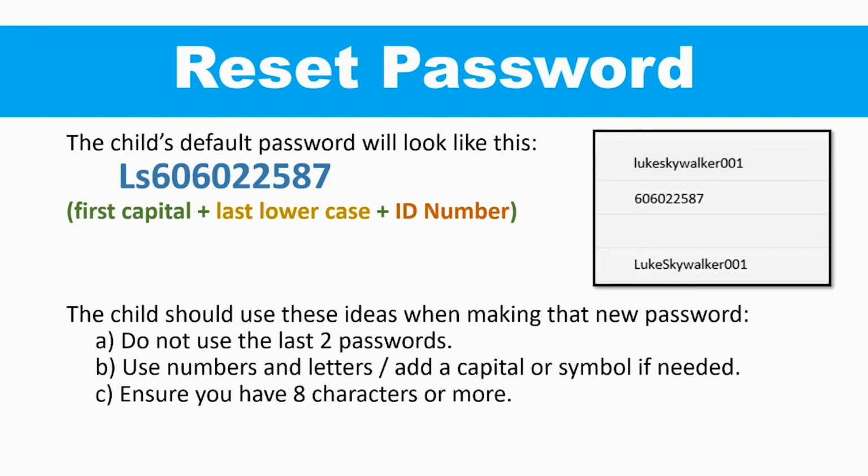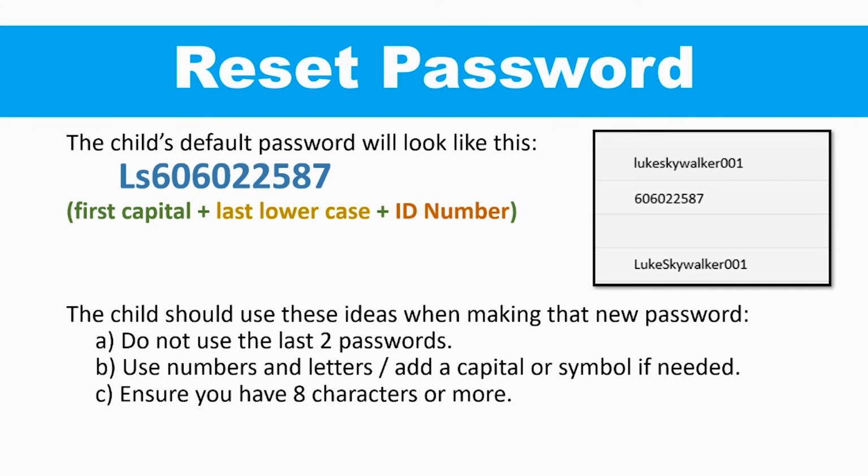We will use the first letter of the child's first name and make that a capital. We will take the first letter of the child's last name and make that a lowercase letter. And then we will take the child's entire ID number and place it into this space right here. This will be the one-time default password for the child to then create a brand new password.